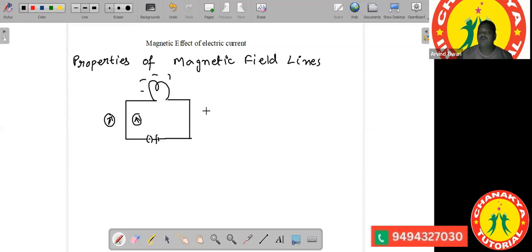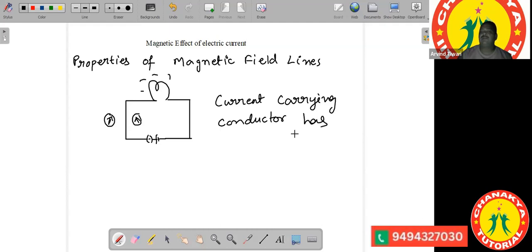We can write here that a current carrying conductor has a magnetic field around it.